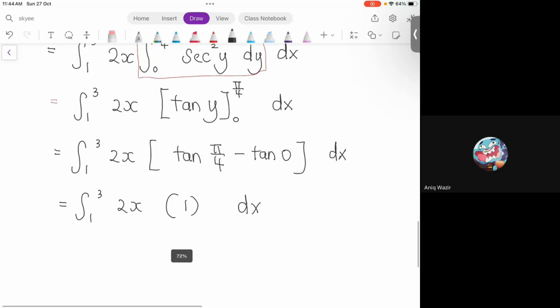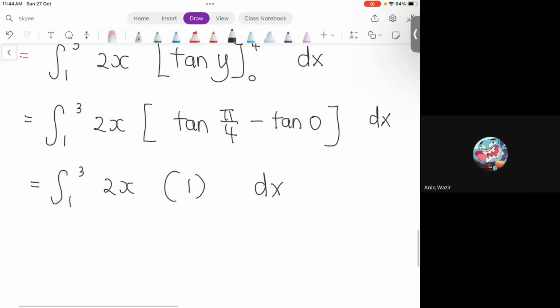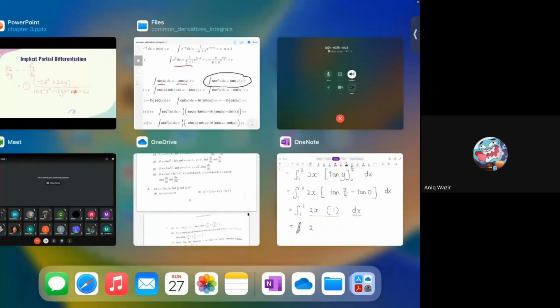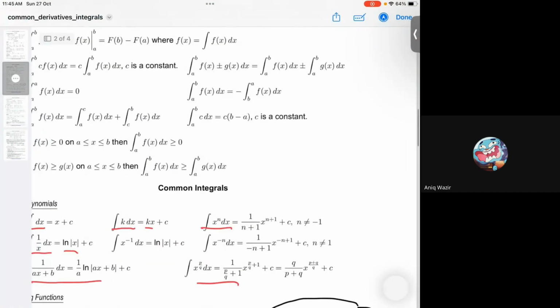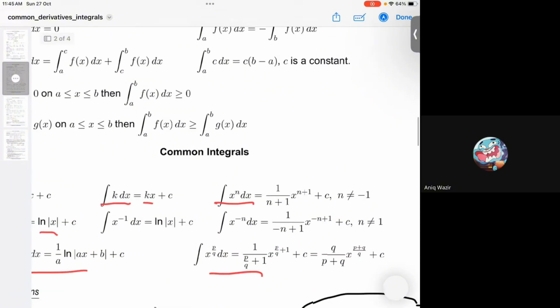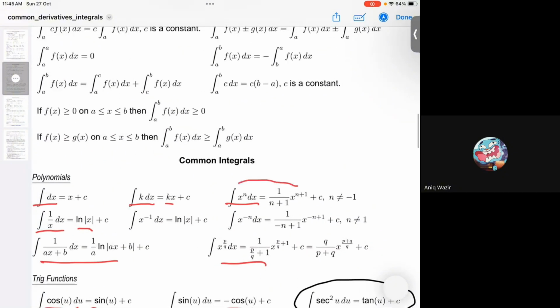Now we have completed the first integration. Then we move on to the second, which is with respect to x. You check here, we only have one variable, that is x, so we can integrate as usual. When you integrate 2x, 2 is a constant you can take out, so you integrate the x. We'll be using this law.